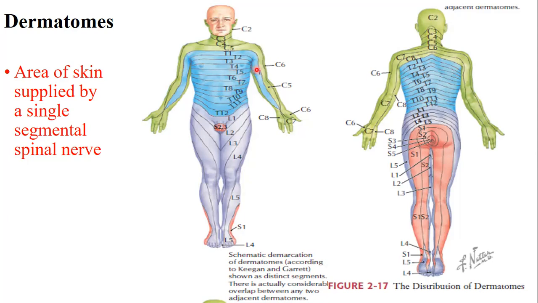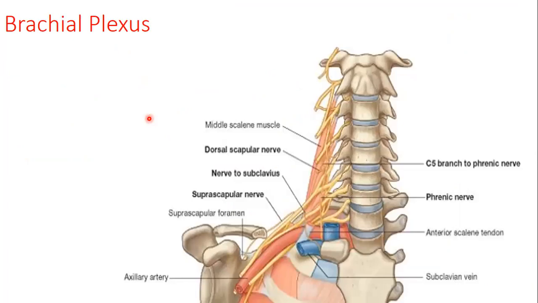But usually you see that that lesion of herpes zoster doesn't cross to the other side because we have nerves coming from either side of the spinal cord. So we have nerves coming from the left, nerves coming out from the right as well. So herpes zoster usually affects one side.